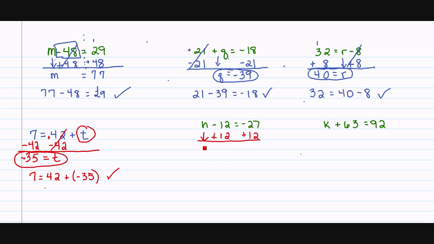I bring down my n. That cancels out, equals. Now the signs are different, so I find the difference. 7 minus 2 is 5. 2 minus 1 is 1. The negative is on the larger number. 27 is larger than 12, so I'm going to take that sign.